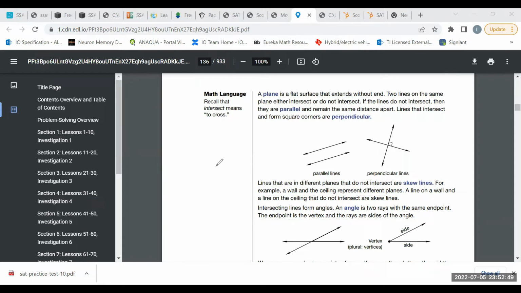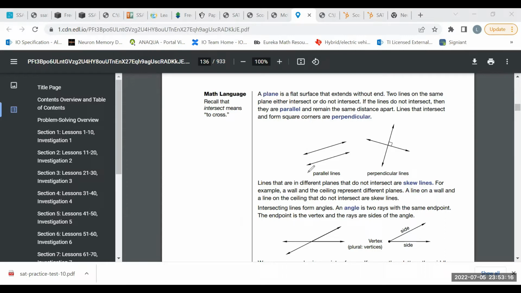So let's say this is your plane. These two lines are intersecting. If the lines run like this, that means they are parallel, right? Have you heard parallel lines before?